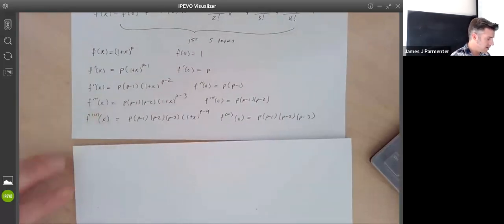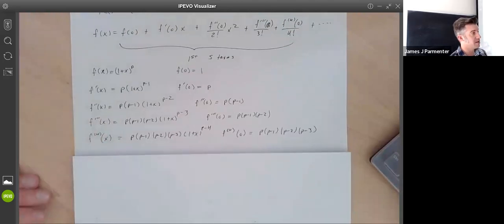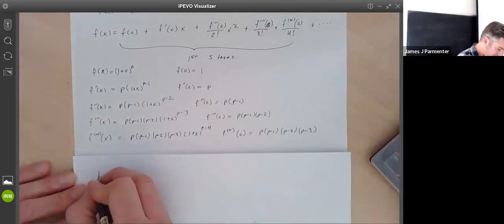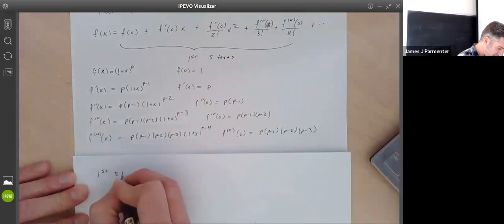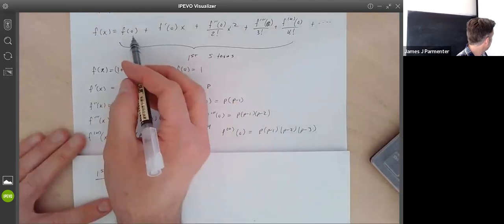I suppose if I was being honest about the problem, we should answer the question and then do the long version. So the first 5 terms are going to end up being, well, let's see, I'm just going to throw it into the formula here.